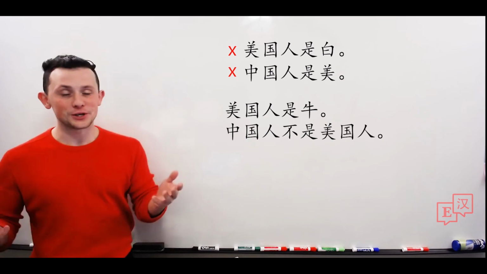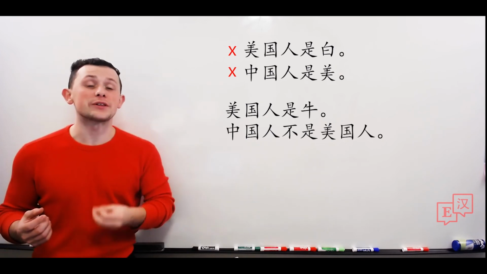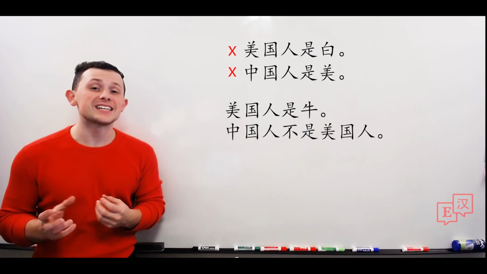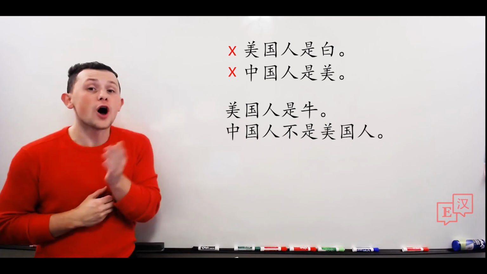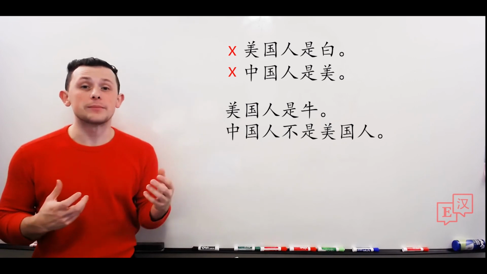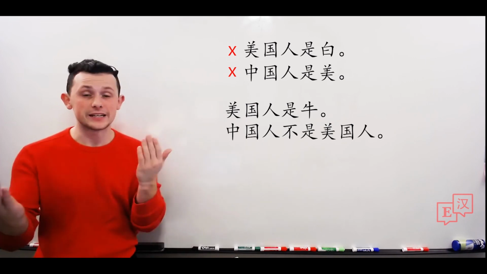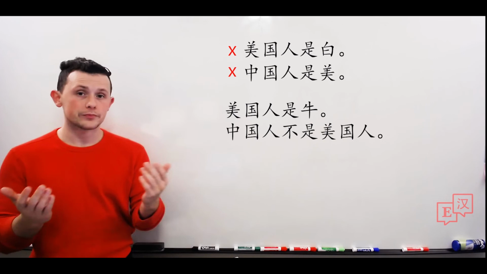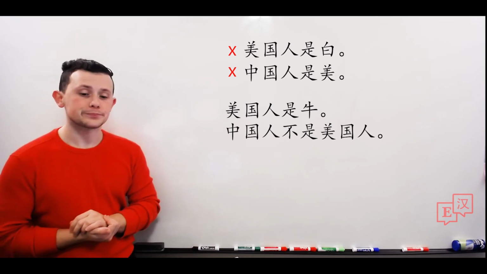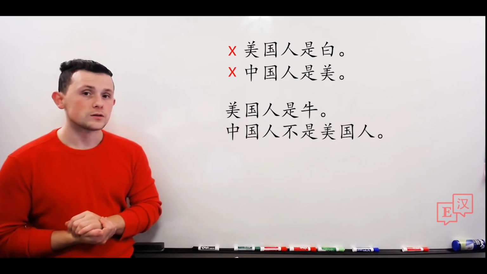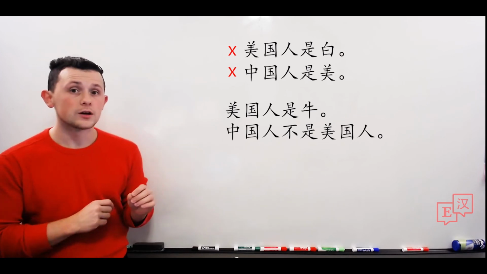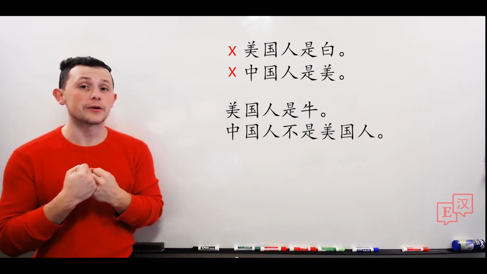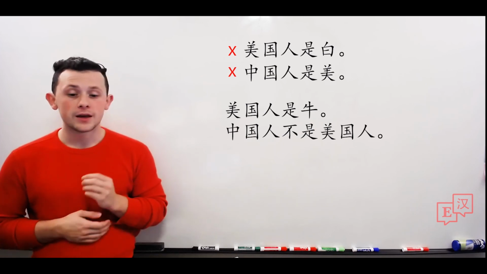This one, factually correct, can also be used with 是. 是 here is saying that this noun, Chinese people, are not this noun, American people. They do not share the same identity, these two things. 是. Not to beat the point dry, we'll leave it at this. 是 is a noun to a noun, not a noun to an adjective.